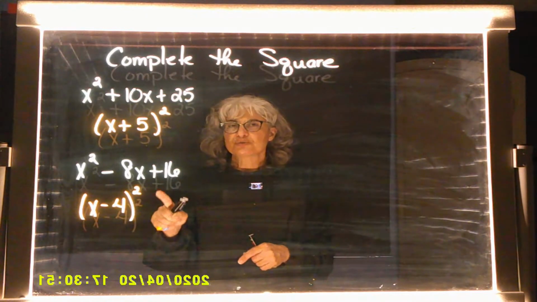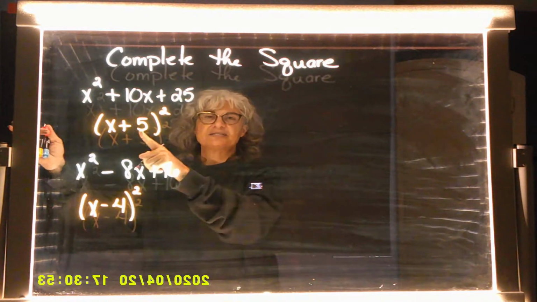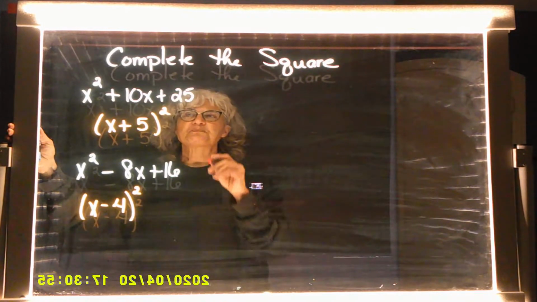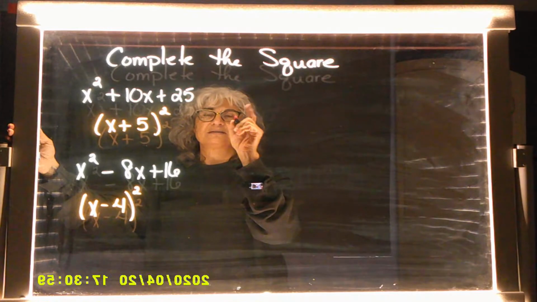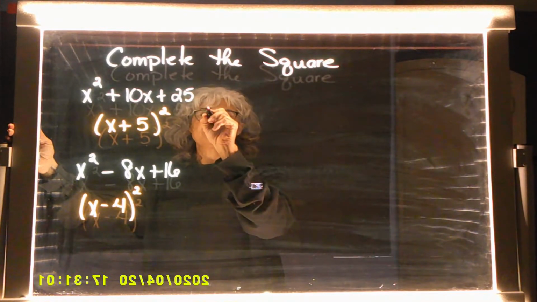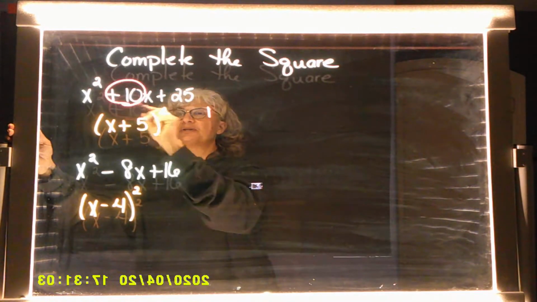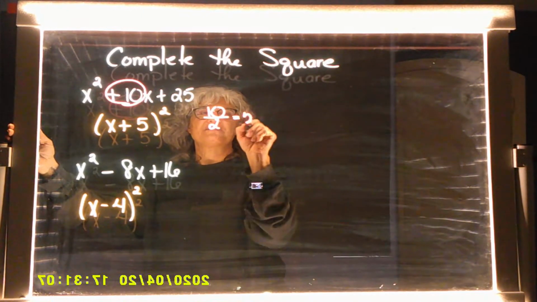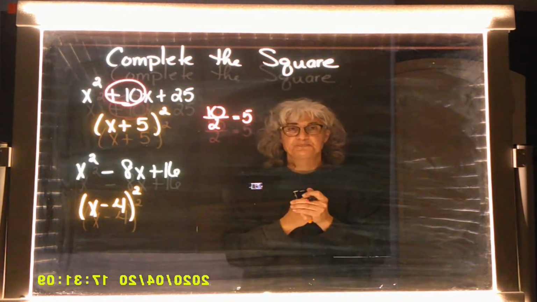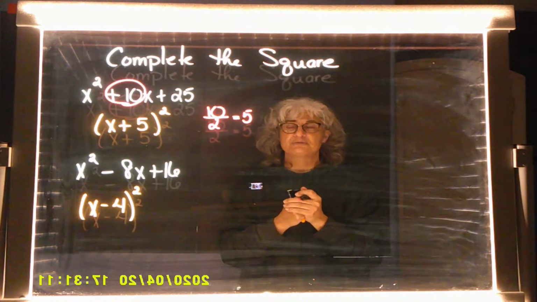Okay, here's what I'd like you to notice. This 5: if I take the 10, the middle number, and cut it in half, don't I get 5? You do, don't you?